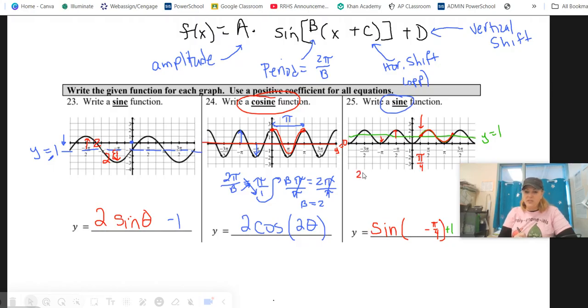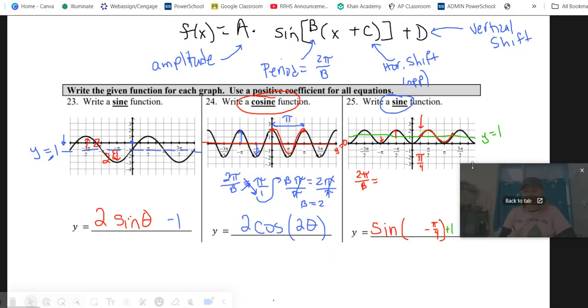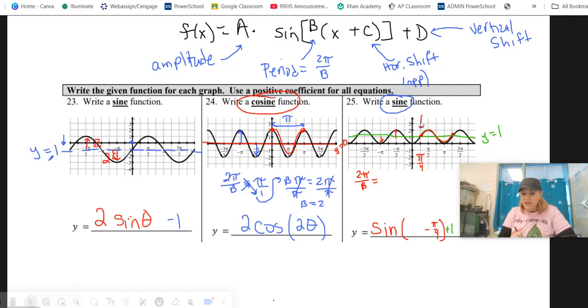So I have 2 pi over b equals, now let's figure out our period. It goes from here, where this arrow already is, to here. What is that distance? Now, I know the distance is pi, but it might be harder to tell because it's like going to 1 1/4 pi from 1/4. But if you need to, you can always start from 0 and go from 0 till it repeats to 0.